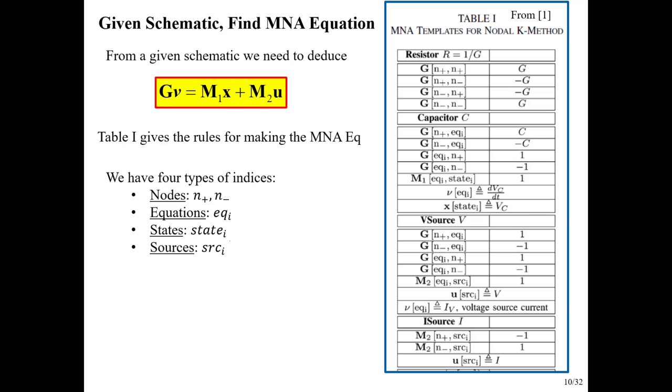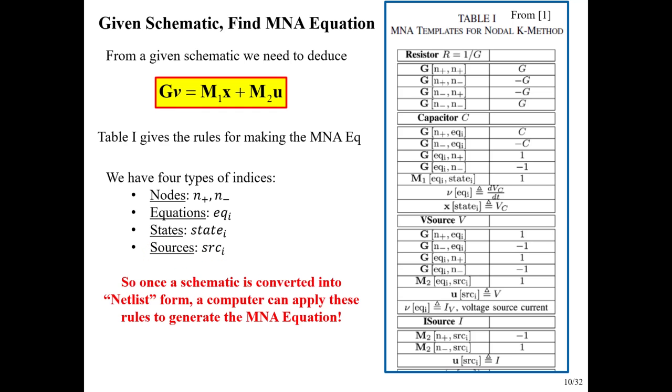And then we have indices that count through the sources. So again, this is very ambiguous and abstract at this point, but we'll get to an example that will show how this works. So this approach is just like PSpice uses to write its internal equations. You never see this when you're running PSpice or LTSpice.